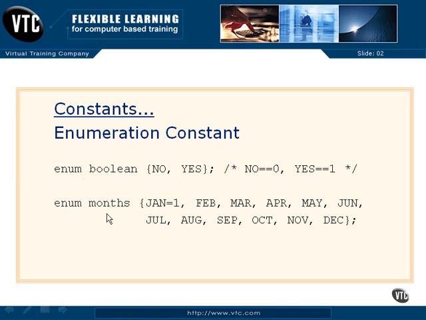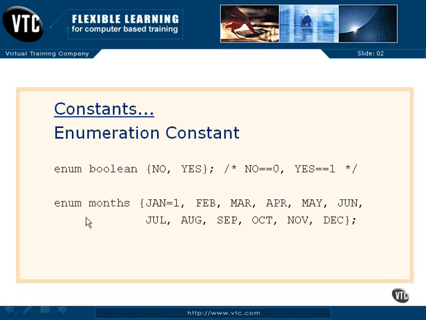Down here, we're going to make up an enumeration constant called months. And months can contain the values 1, 2, 3, 4, 5. As you see, we run down the line here. Notice we said Jan equals 1, January equals 1, because we, of course, didn't want it to start out by default and set January equal to 0. We need it equal to 1. So we can force that on the enumeration anywhere in the list, and the enumeration will just increment the number and run us all the way out to 12 out here.